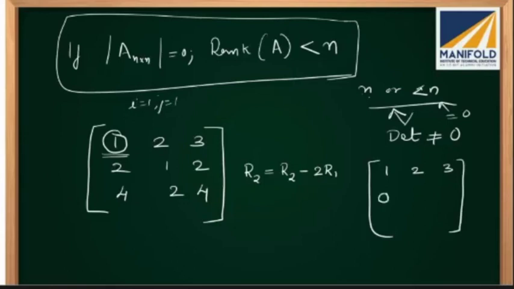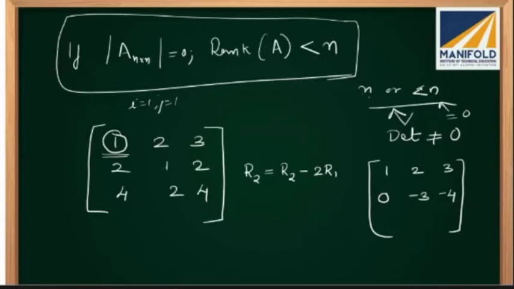I need to make all the elements below this first pivot element 0. So the second element: 1 minus 2 times 2, that is 1 minus 4, which is minus 3. The next operation is 2 minus 2 times 3, that is 2 minus 6, that is minus 4.